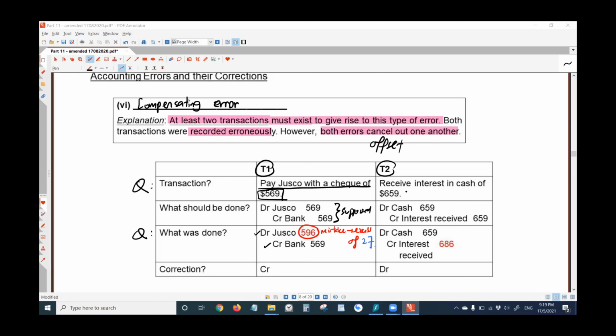Now the transaction 2. Received interest in cash of 659. So debit cash, credit interest received, this is what they are supposed to do. Then we see what they did. They debited cash correctly. Okay, good. But they credited interest received account with the wrong amount once again. This is in excess of how much?